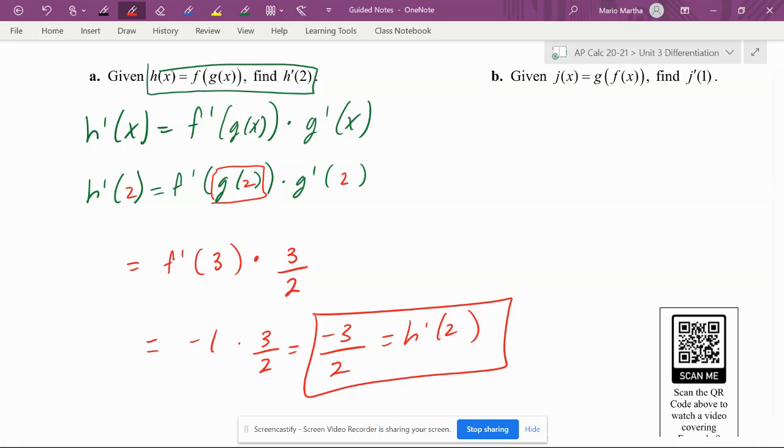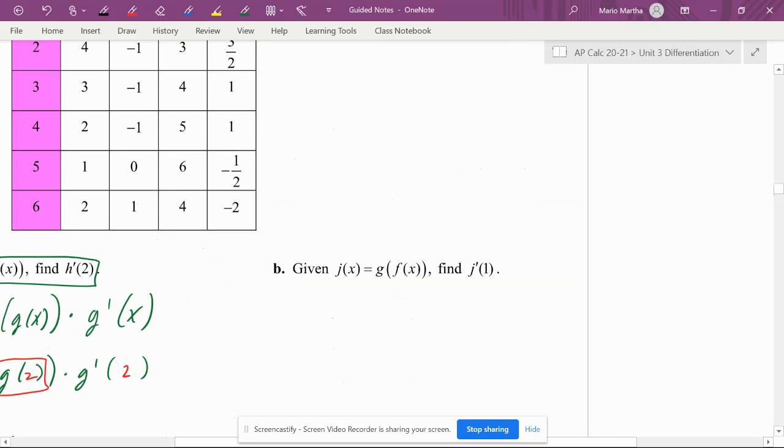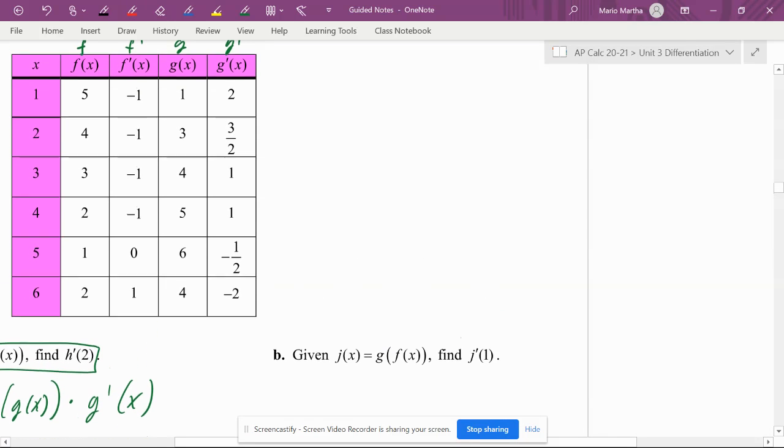All right, so let's look at problem B now. So we're looking at j of x. So j of x equals g of f of x. We want to find j prime at 1. All right. So again, first we want to make sure that we find j prime of x.